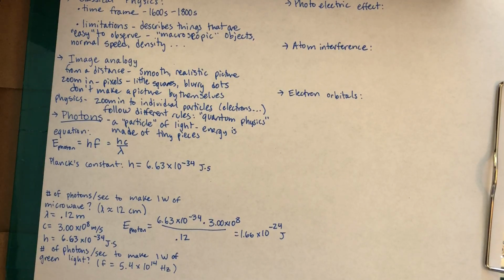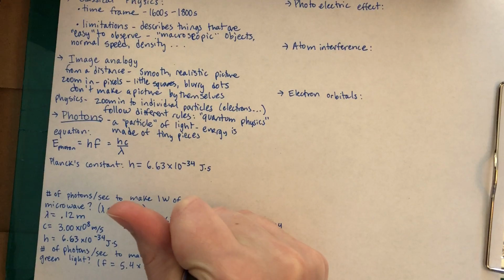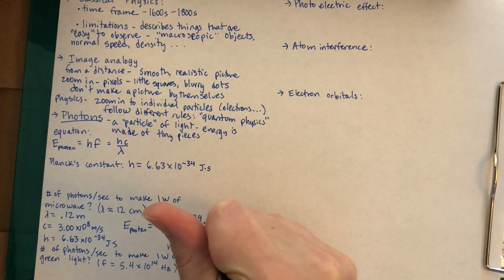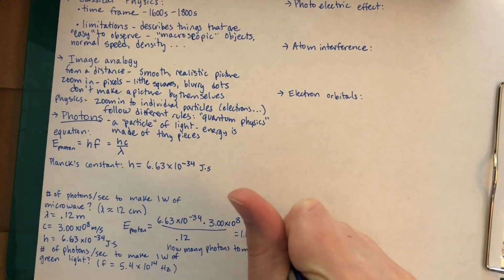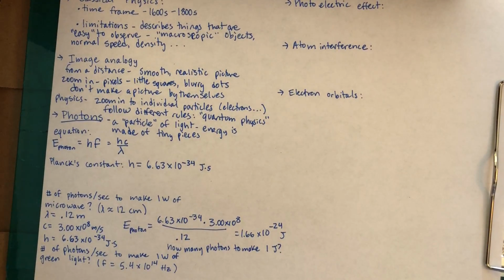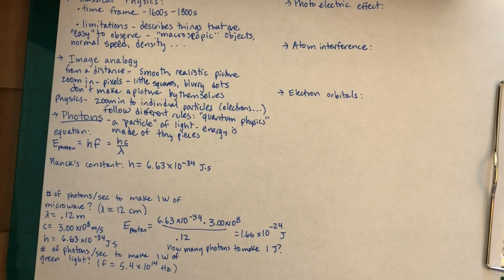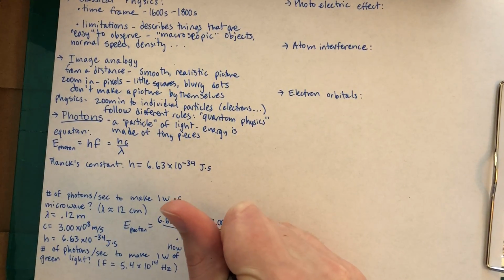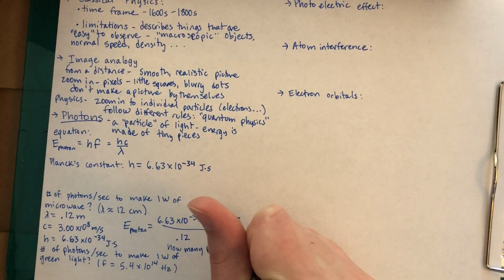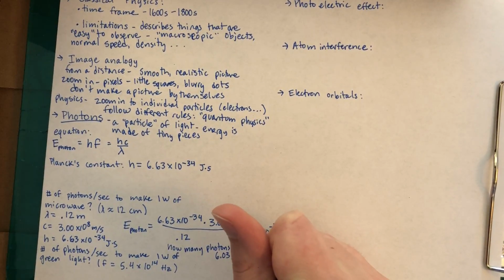So then we want to know how many to make up 1 joule. So I can just divide 1 by this number. And I get 6.03 times 10 to the 23rd photons.